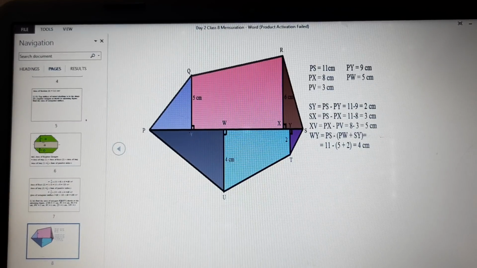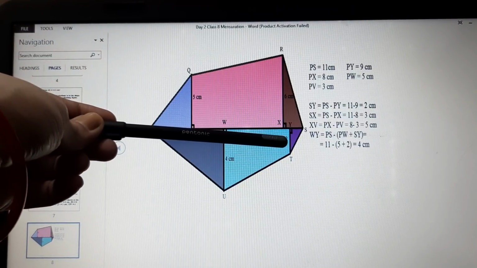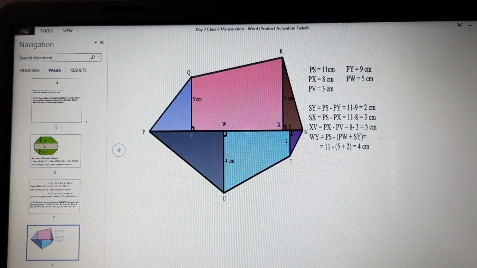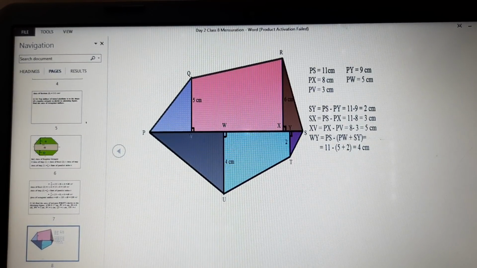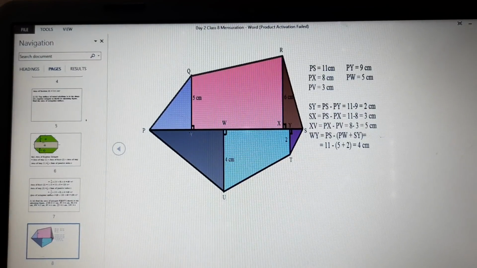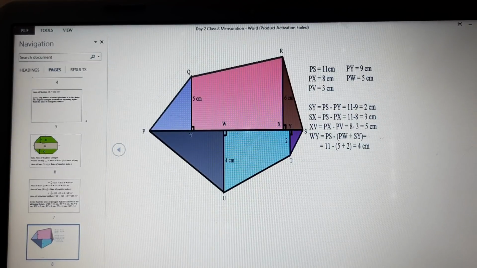For trapezium RQVX, the parallel lines are 5 and 6 centimeter. These are the parallel lines because it is 90 and 90, so these two will be parallel lines. The distance between them is VX. So how are we going to calculate VX?